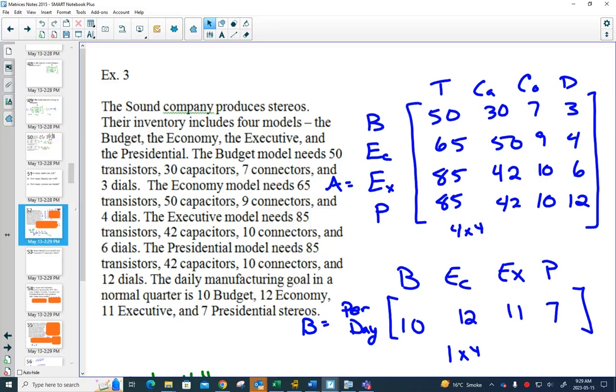Because I want the 4s that are here and here to match up and to represent the same thing. And in both of those cases, they represent the beep.